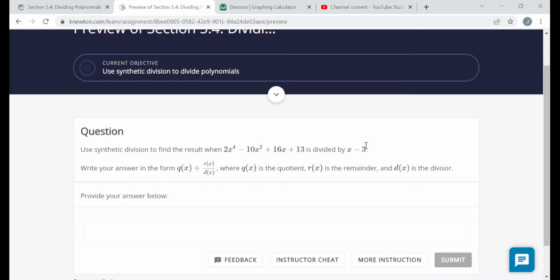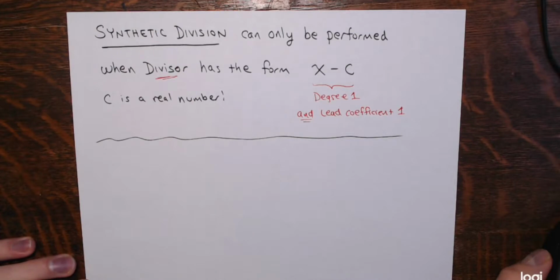So what I'm going to do first is show you this with long division first, and then I'll show you how to perform synthetic division when you divide by a degree 1 with a lead coefficient of 1. You'll see that it's a lot less writing, a lot faster, and you get the same results. You just have to know how to interpret the results, though. That's the hard part, I think.